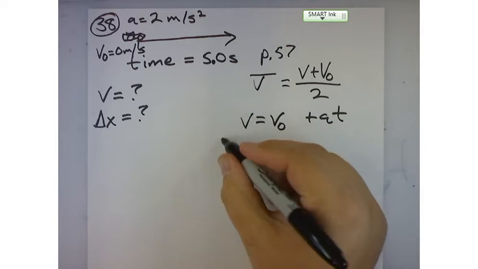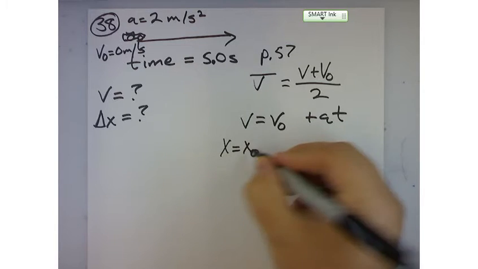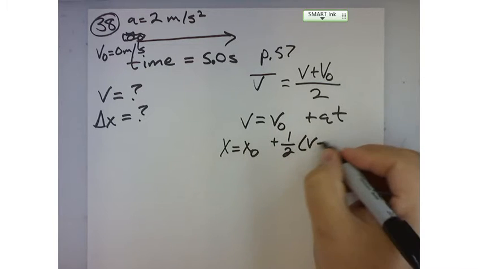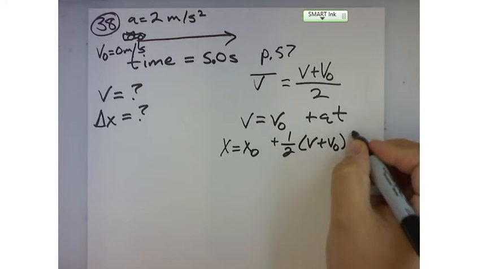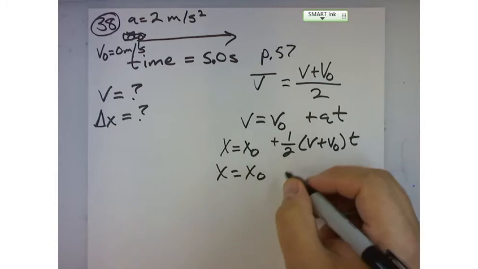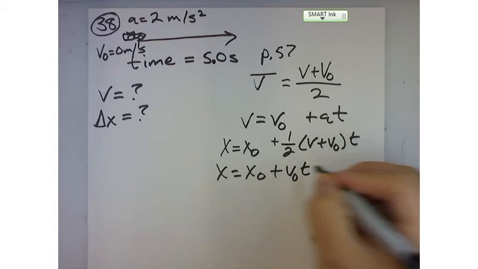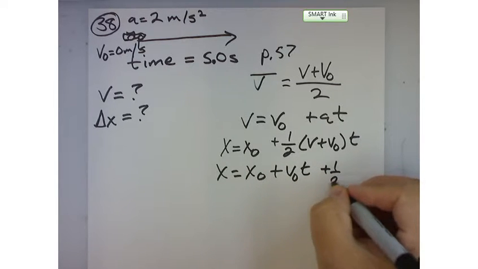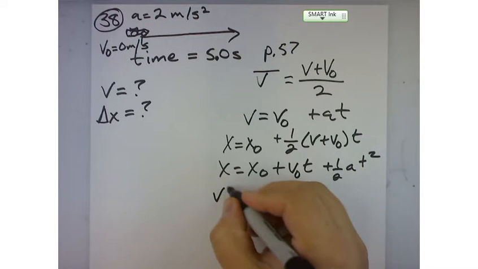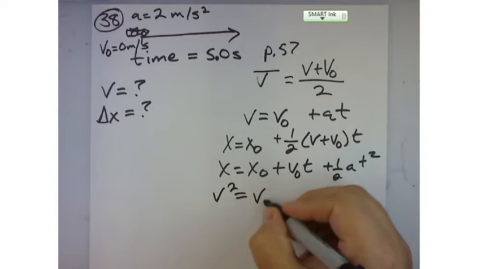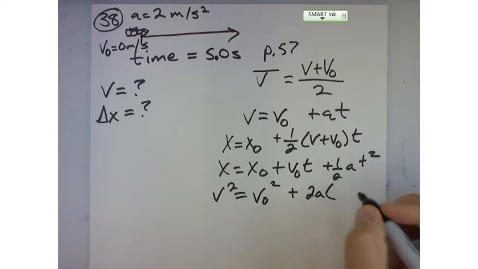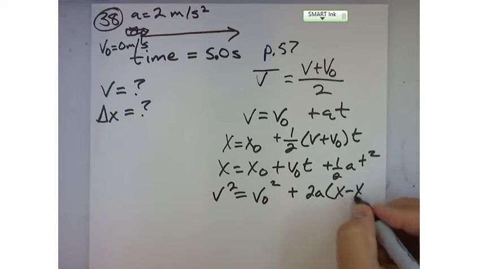We have that the final position is equal to the initial position plus 1/2 times the final velocity plus the initial velocity times time. We have that the final position is equal to the initial position plus the initial velocity times time plus 1/2 acceleration times time squared. And then lastly we have the final velocity squared is equal to the initial velocity squared plus 2 times acceleration times x minus x naught.